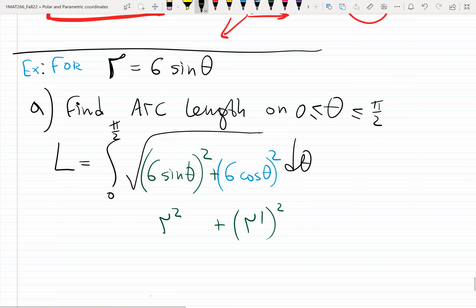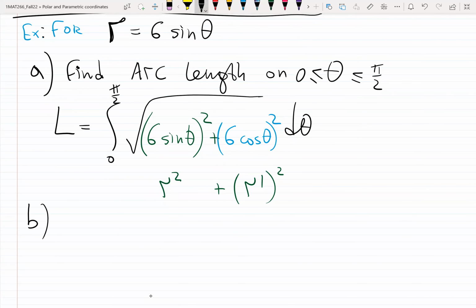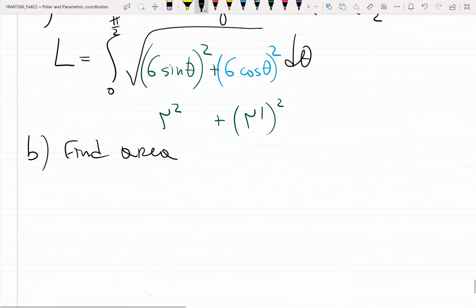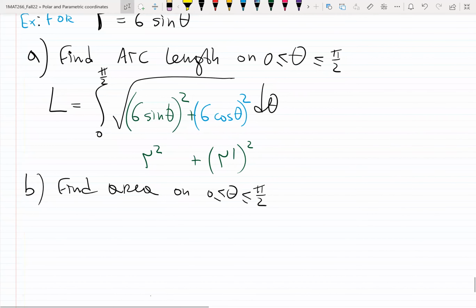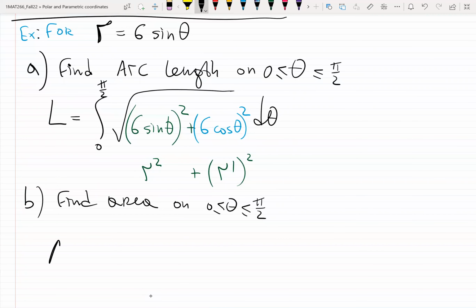B, find the area. I will not ask you to find limits of integration. I feel like people keep getting stuck on it, so on theta from 0 to pi over 2. I can see people stuck with area all the time, so I just decided not to ask for it. I just need to know if you have the formula in your mind. Which one is the formula?